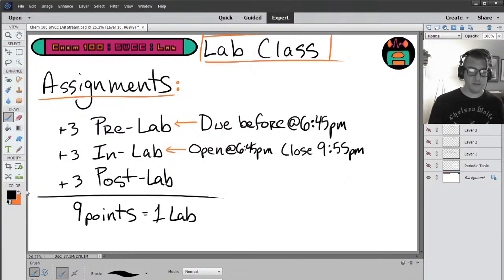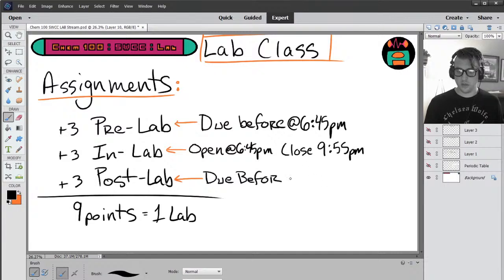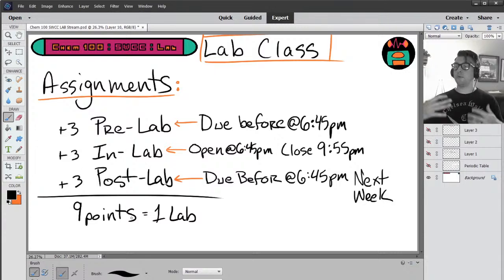And then the post-lab is due before 6:45 next week. So, for example, post-lab 1 is due at the same time as pre-lab 2. They're both due before the next lab starts.